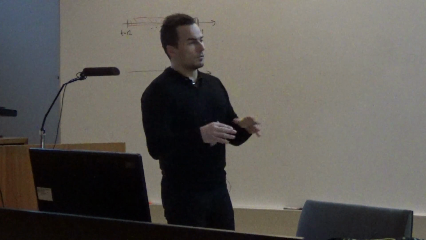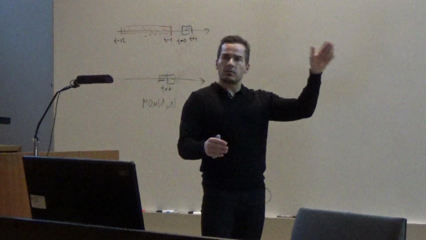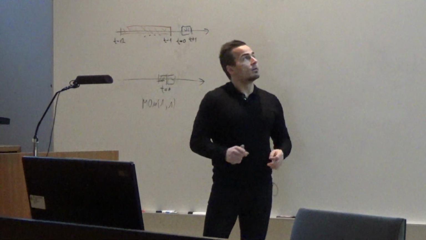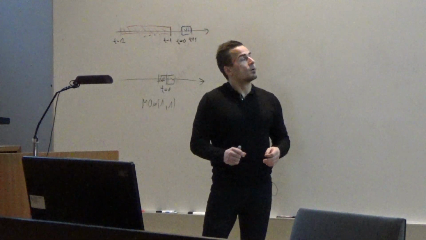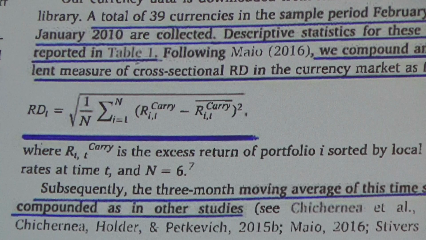This is a strategy that buys currencies in countries that have a high interest rate, and short sells currencies of countries that have a low interest rate. And what we see here is the mean of our 6 portfolios, and then for every portfolio we subtract the mean, we square it, and then we sum it up over our portfolios and divide it by the number of portfolios.